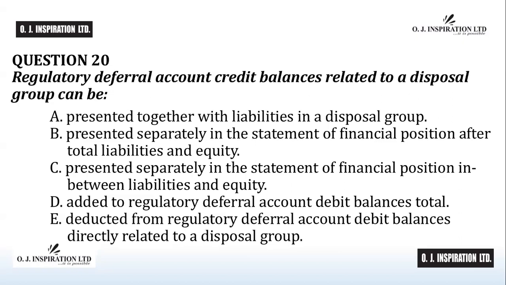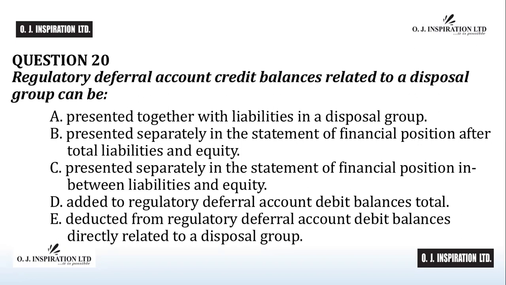Question number 20. The answer to question number 20 is B, presented separately in the statement of financial position after total liabilities and equity. Regulatory deferred account credit balances related to a disposal group can be presented separately in the statement of financial position after total liabilities and equity.